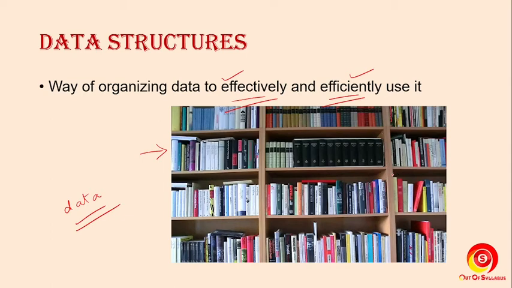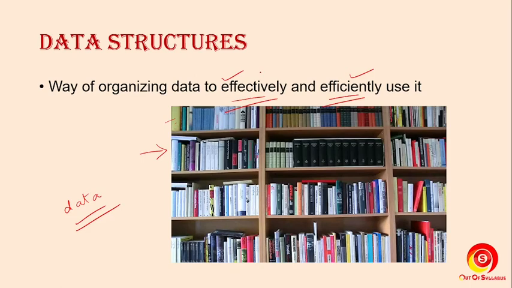How untidy it would be. Instead, if we could arrange it in a bookshelf, how beautiful would it be to see? And also, it would be very easy for us to take a particular book. If we want to find some particular book, we would know which row, which column, or which index the book is in. So we can directly go and access it and take the book.